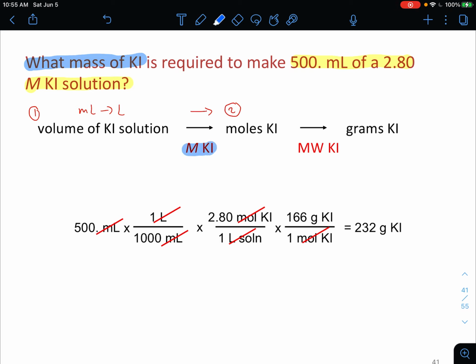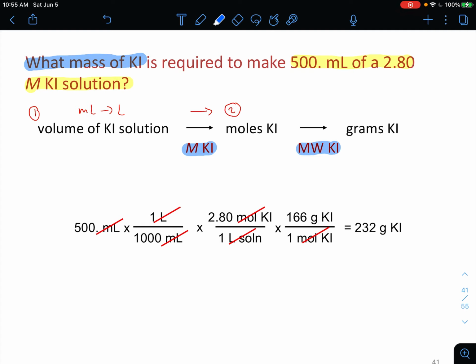If I multiply the volume in liters by the molarity, that'll change me out from liters and into moles. Then, if I want to change moles to grams, I'd use the molecular weight, that's what MW is, or molar mass, MM, either way is fine, to convert from moles to grams.